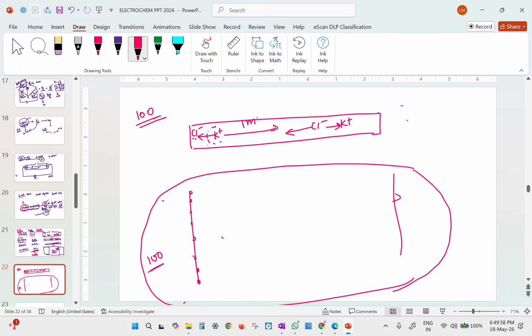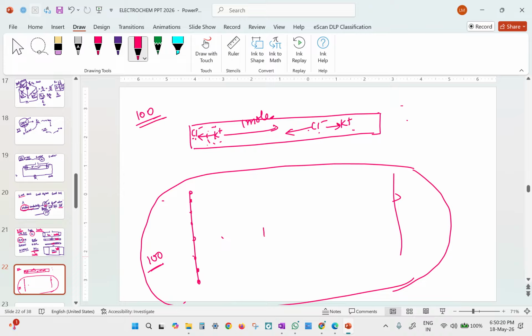Same 1 mole, very close to one another. Chloride is close to potassium. Chloride will face a drag. The potassiums will drag the chloride back. The potassiums will be dragged by the chloride and they never reach the electrodes. The cation should reach the cathode, anion should reach the anode, which they are unable to complete.